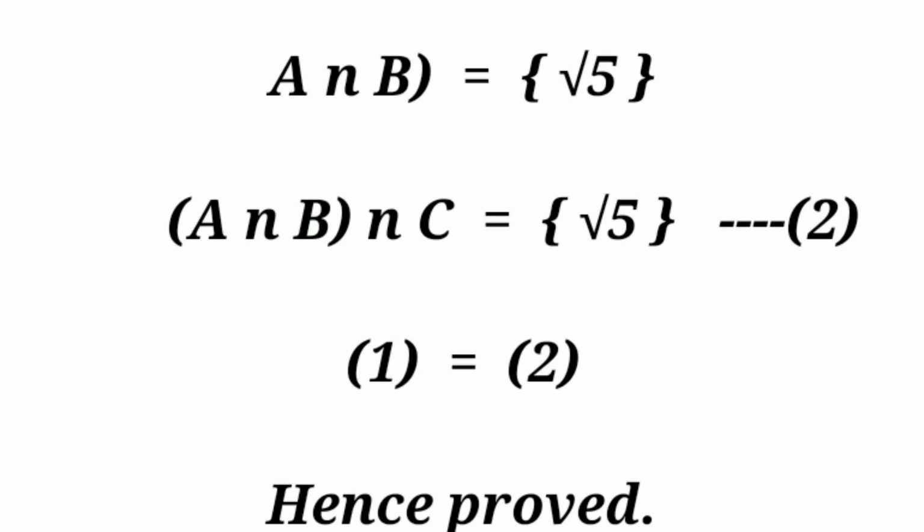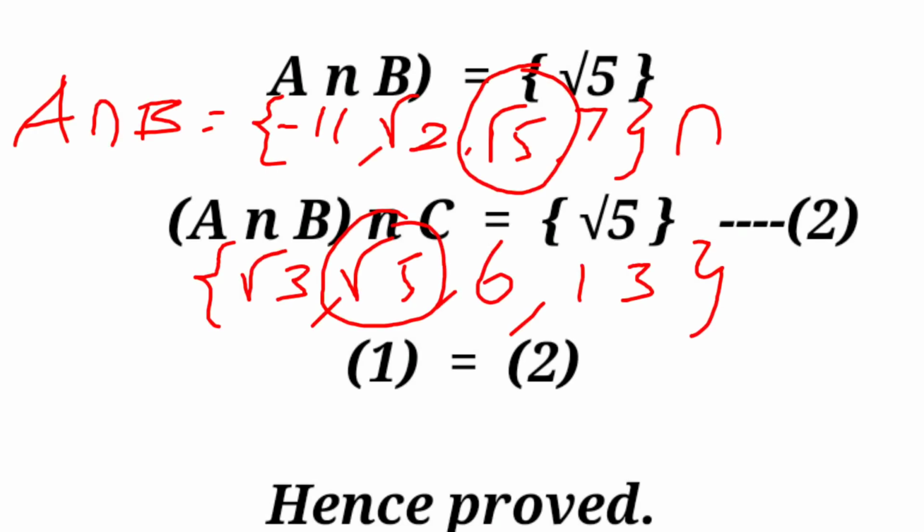Right hand side, (A intersection B) intersection C. First we find A intersection B. A intersection B is equal to {-11, root 2, root 5, 7} intersection {root 3, root 5, 6, 13}. Here common elements are root 5 only.